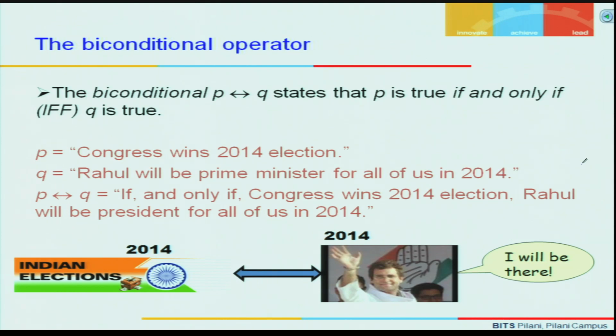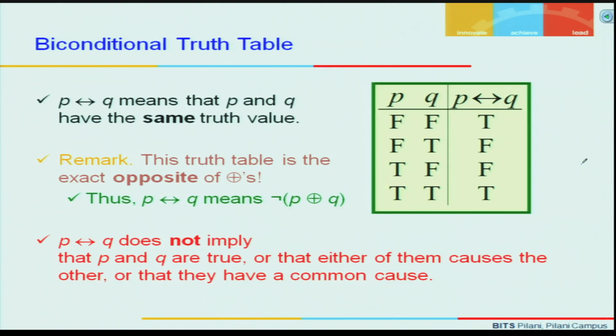So let us see how the truth values of the resultant are defined. These are the truth values of the resultant that we get when the if and only if operator operates on two propositions called P and Q. These two are operands and the operator that we are talking about is if and only if. It is defined like this.